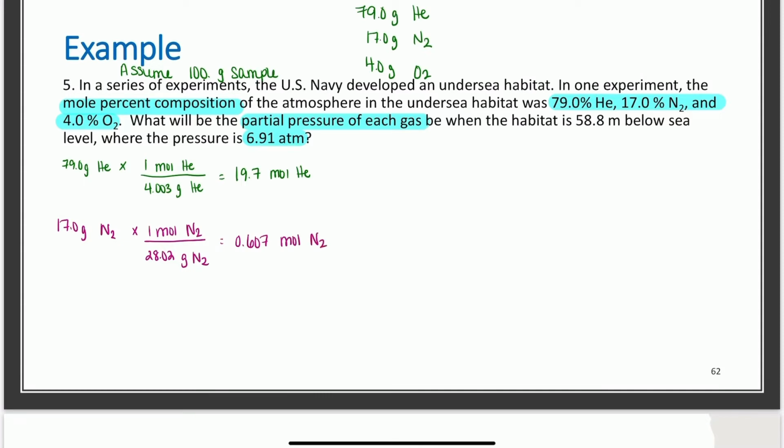And for oxygen, 4.0 grams of O2 times 1 mole of O2 to 32 grams of O2 is 0.125 moles of O2.